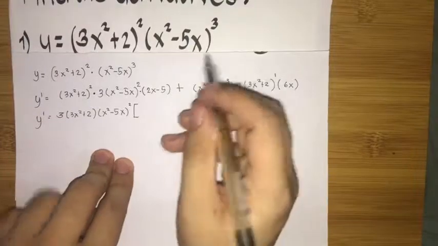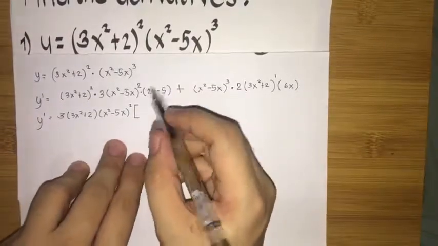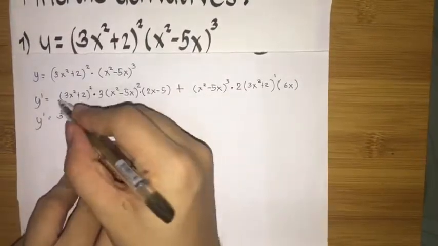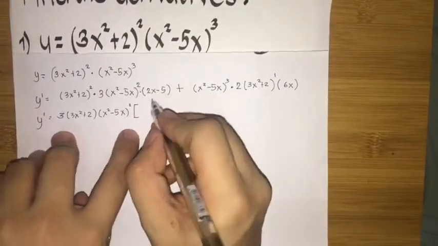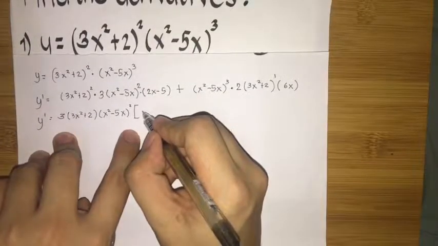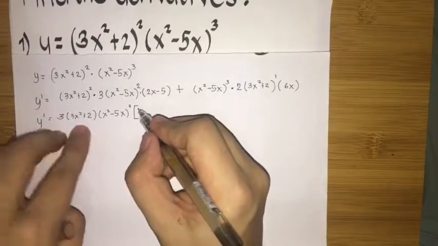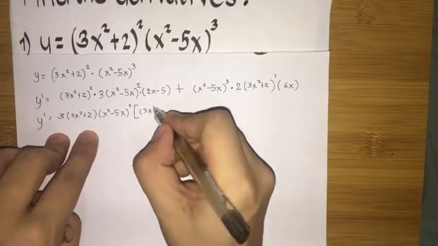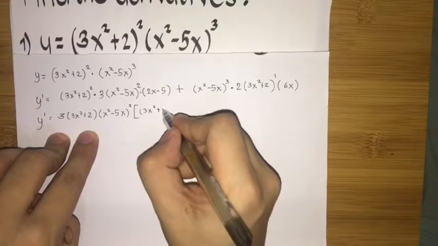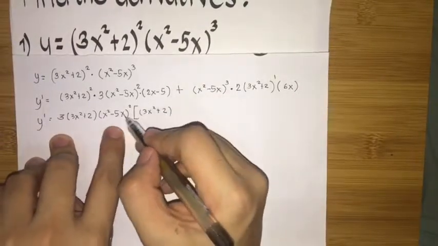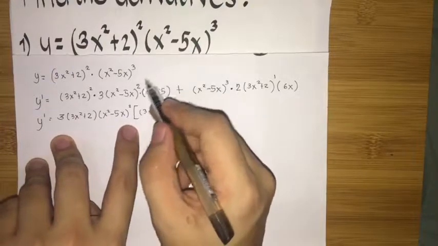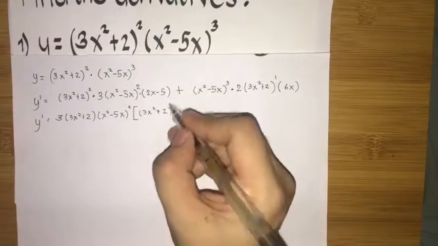Then for the first part, factoring out this common factor, we will still have one quantity of 3x squared plus 2 for x squared minus 5x, so it's already factored out.